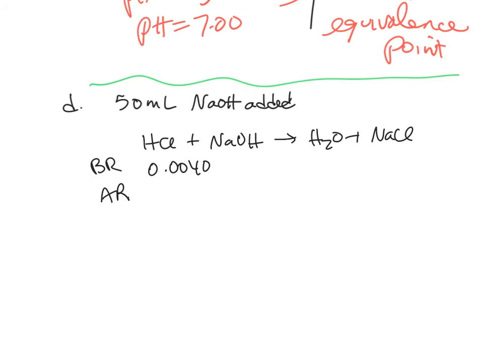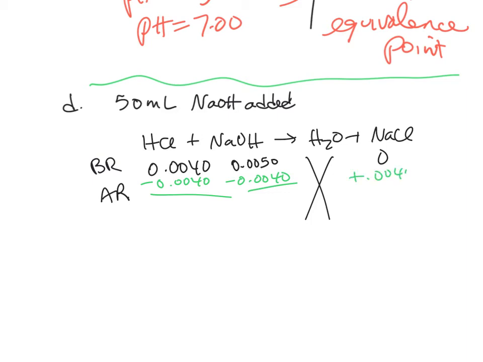With 50 mils, if you multiplied that times the molarity, you'd come up with 0.0050 moles. So in this case, the HCl becomes the limiting reactant. We have not seen that before. No big deal. Oh, wait, gotta add over here. So then you have 0 for the HCl. The difference here is 0.0010 and 0.0040.